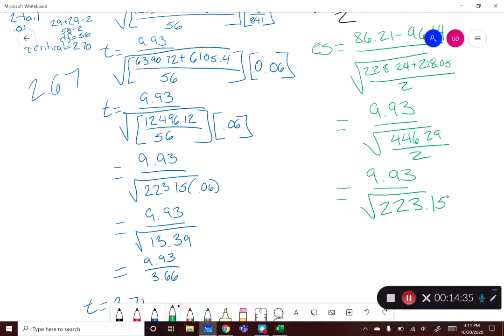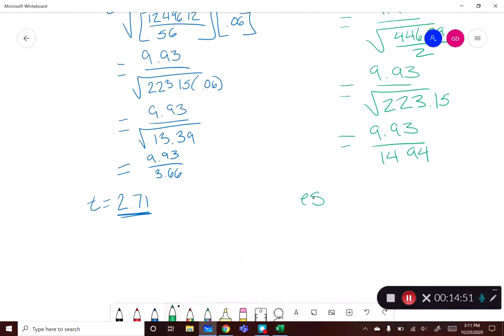Let's go ahead and take the square root of that. 223.15 gives us 14.94. So we know our effect size is 9.93 divided by 14.94 gives us 0.66. And typically anything over 0.5 is a large or strong effect size.